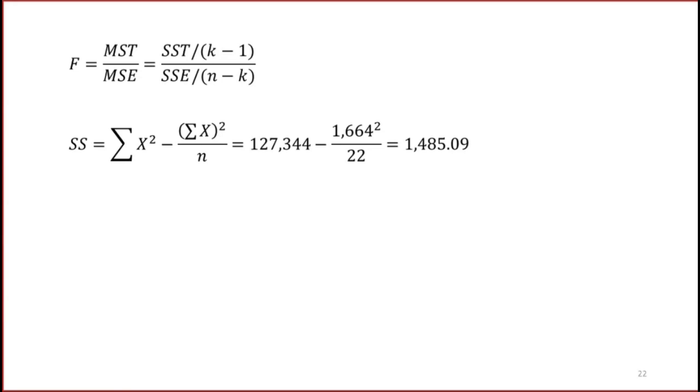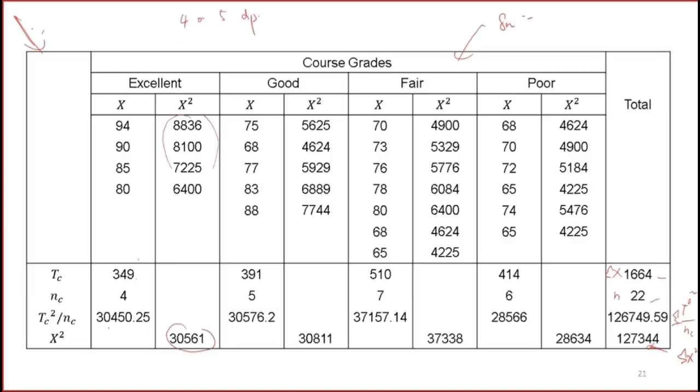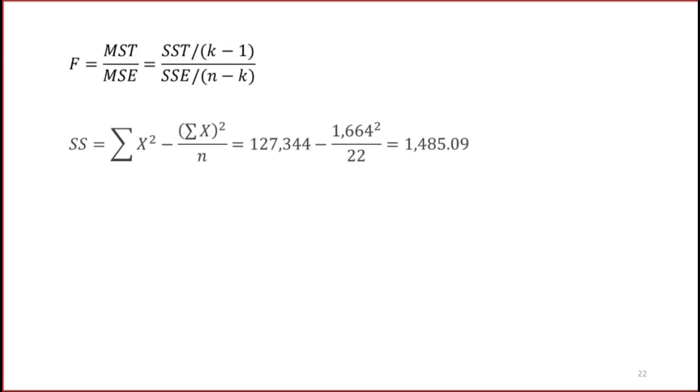SS is the summation of x power of 2 minus summation of x, power of 2, divided by n. Just substitute the values and you get the answer.